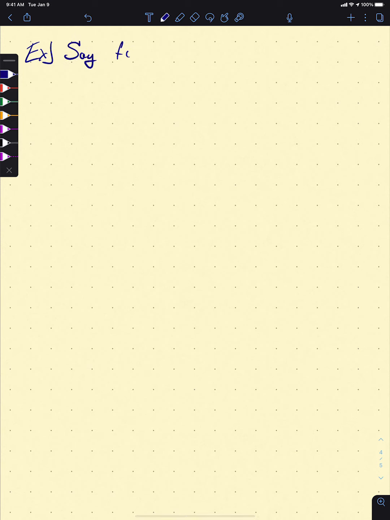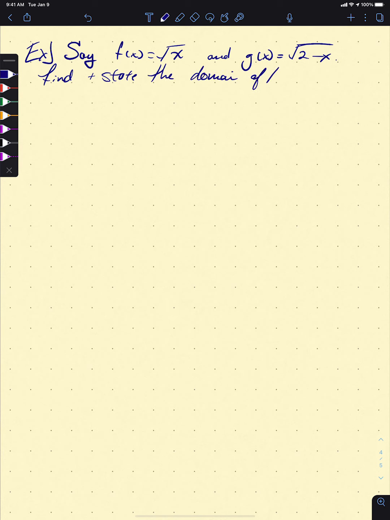Okay. We'll do a quick example of these. Let's say we have f of x is the square root of x, and g of x equals the square root of 2 minus x. We want to find and state the domain of the following.